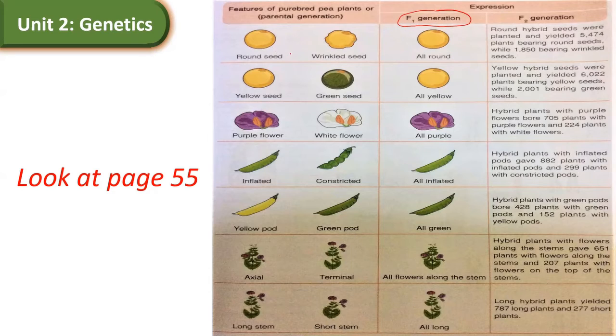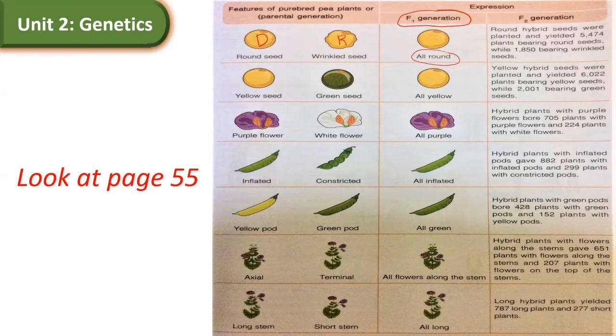When you combine the round seed and the wrinkled seed, only one trait appeared. So only all round, or only round seed. You can see here the round seed. Your round seed here is an example of your dominant trait, and the trait that has disappeared, or the trait that you cannot see, is your recessive trait.